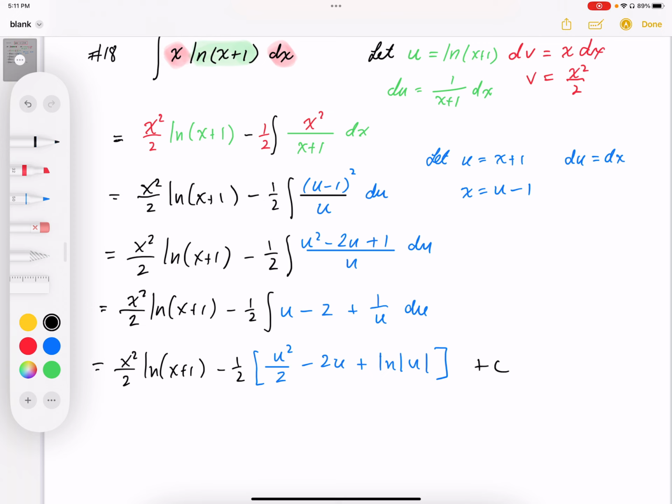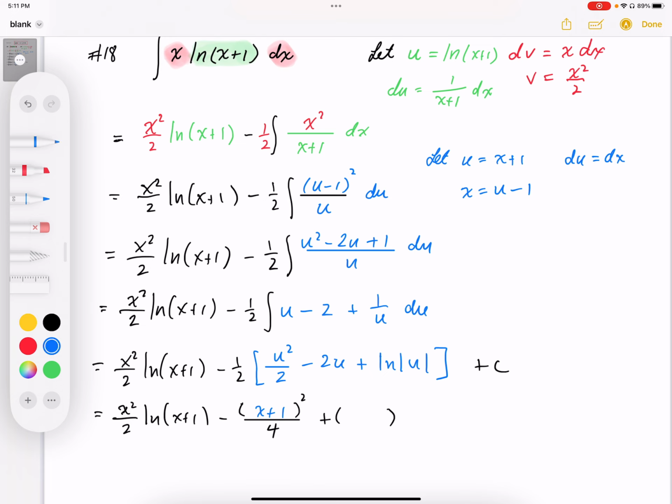And then I can simplify and substitute back my x expression. So I get x squared over 2 log x plus 1 minus, and this becomes u squared over 4. So the u I'm going to replace back with my x plus 1, minus, so it's going to be negative 1/2 times negative 2, which is plus u.